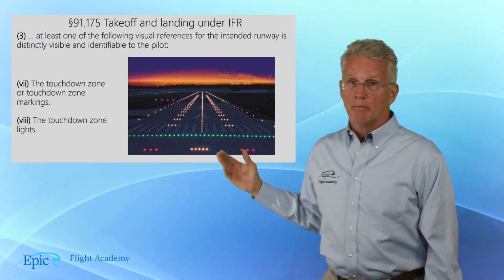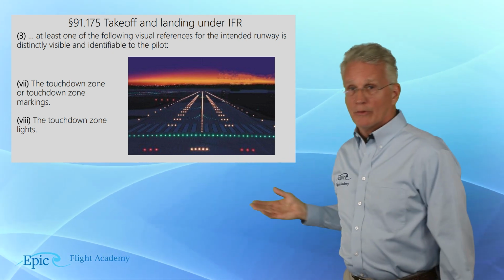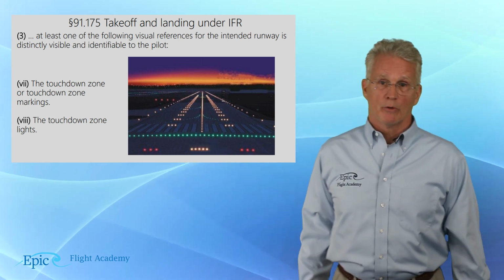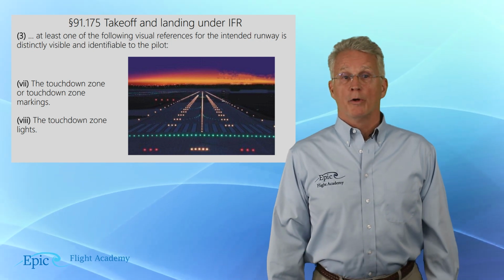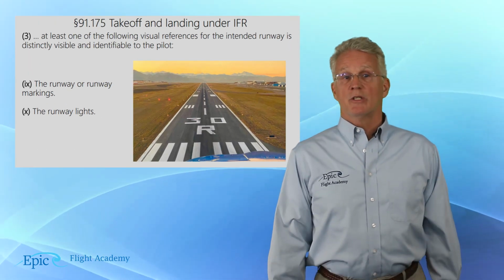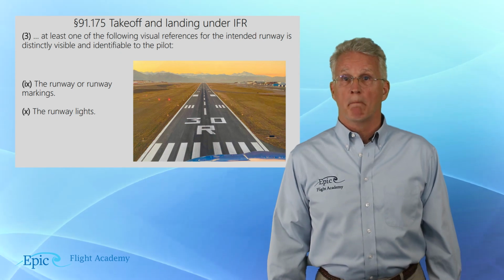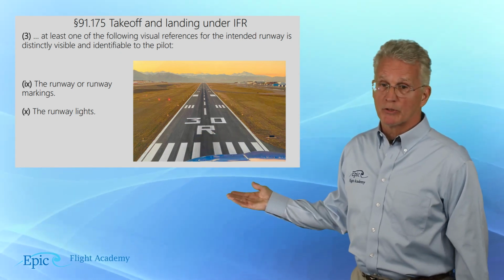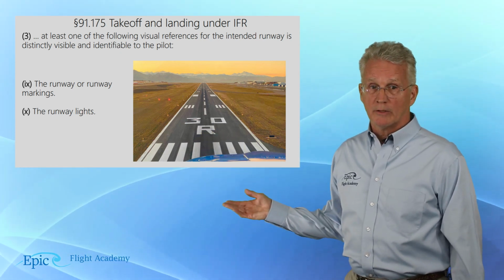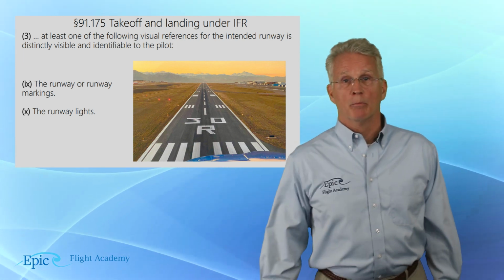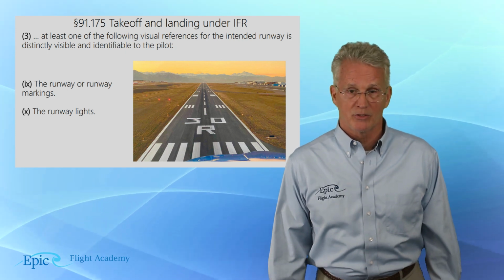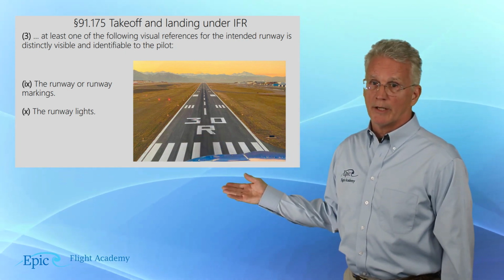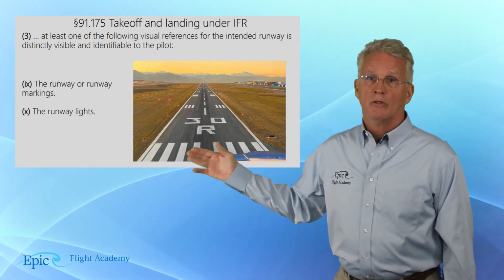Now, these lights are embedded into the runway itself, and you can see those touchdown zone lights in this picture. Or number nine, if you can see the actual runway or runway markings, as you see in this picture, runway 30 right. Or finally, number 10, if you can see the runway lights. Again, on 30 right, you can see the lights to the left and to the right.